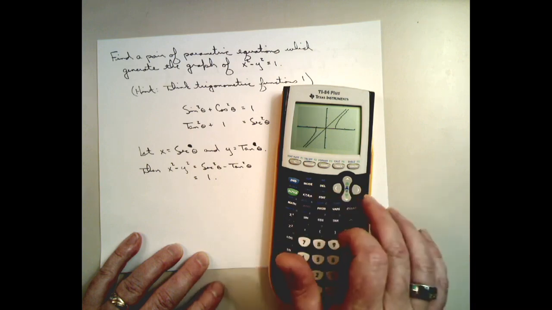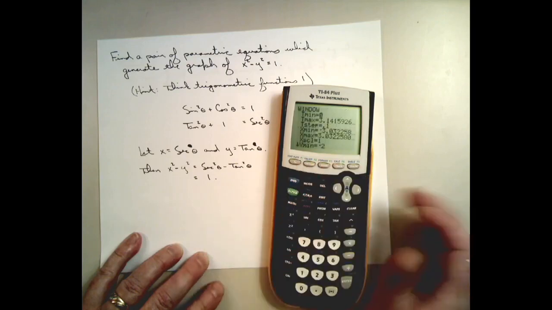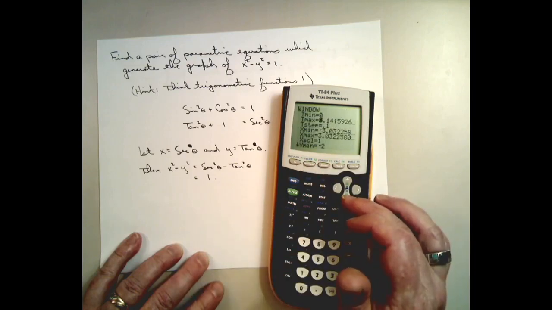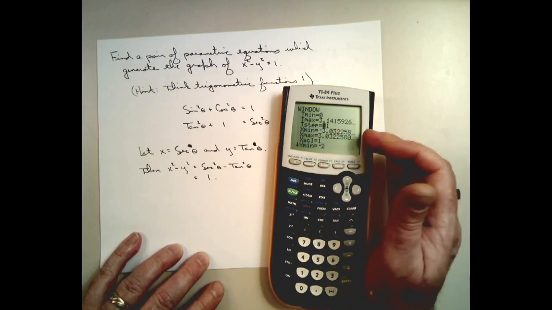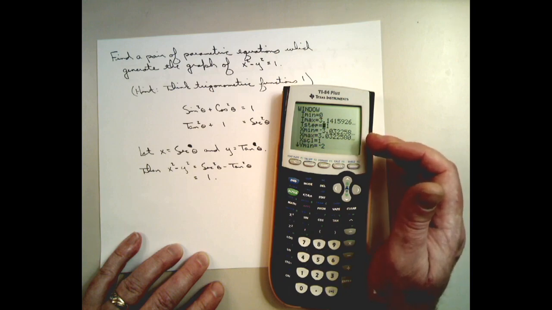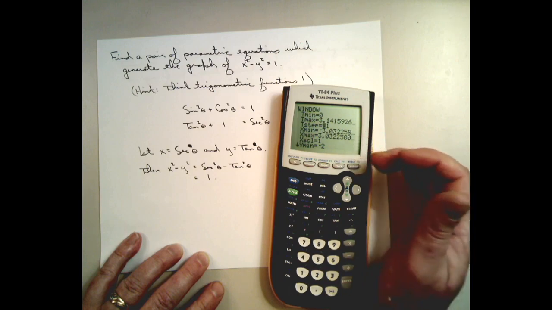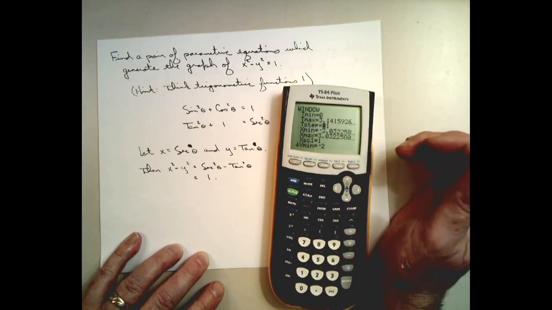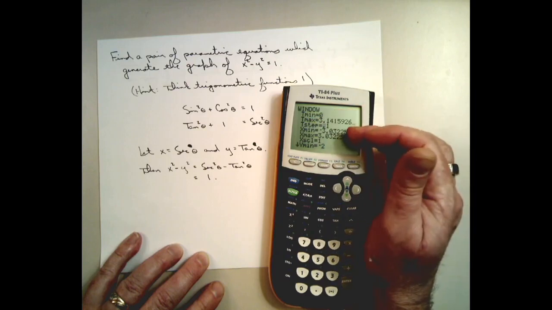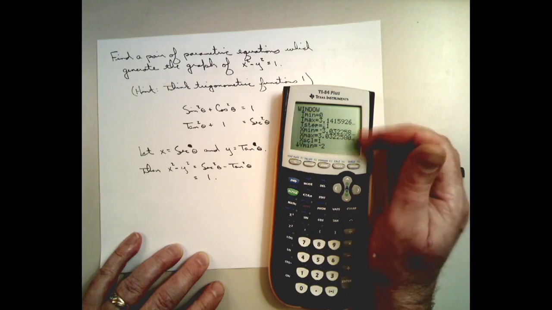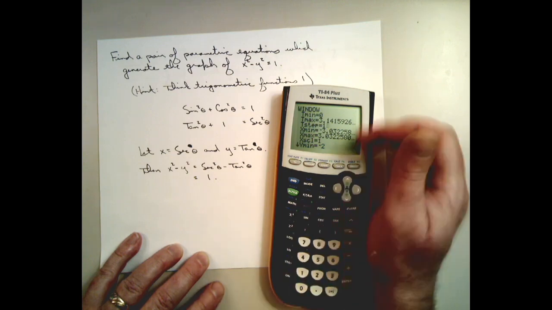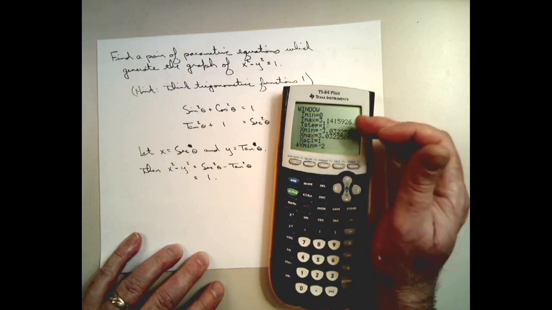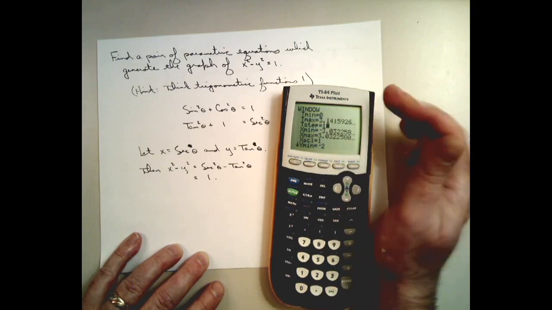Another thing to take note of, let's go back there again, is this t-step. Now what this is indicating, it's set at 0.1 right now, means that the calculator is going to start at 0, and then it's going to make another calculation for 0.1 radian, and then 0.2 radians, and so on. If I'm not paying attention to that, if t-step were, say, at 1, now it's just going to calculate at 0 first, and then 1 radian, 2 radians, and so on.